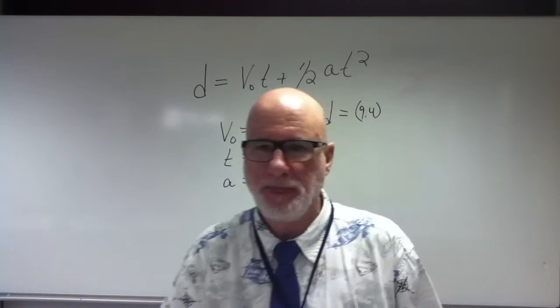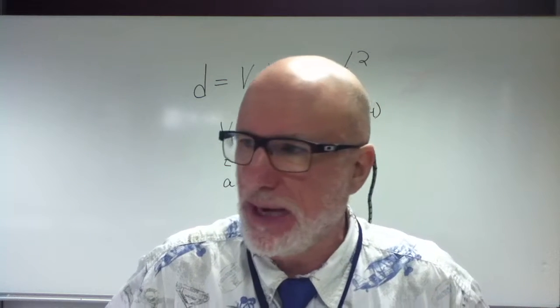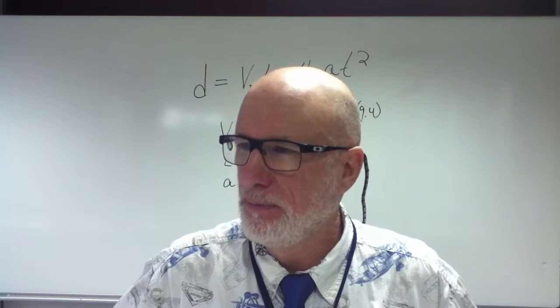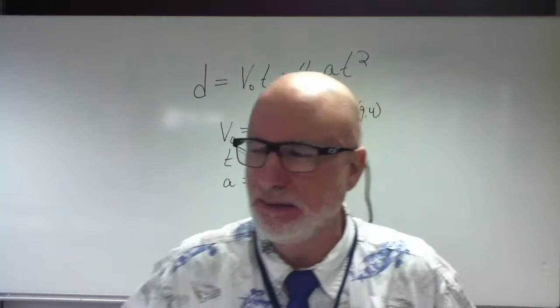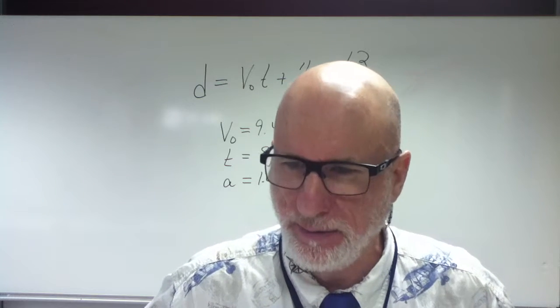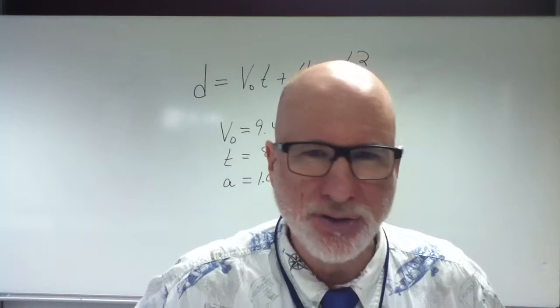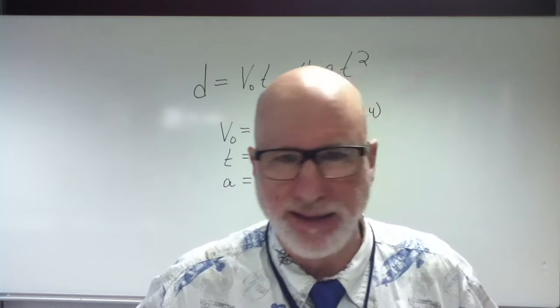Notice something to help you out. We're not putting in unit labels yet. Unit labels like meters per second for velocity, seconds for time, acceleration is meters per second squared. When we do that, you'll see that those letters are treated mathematically.